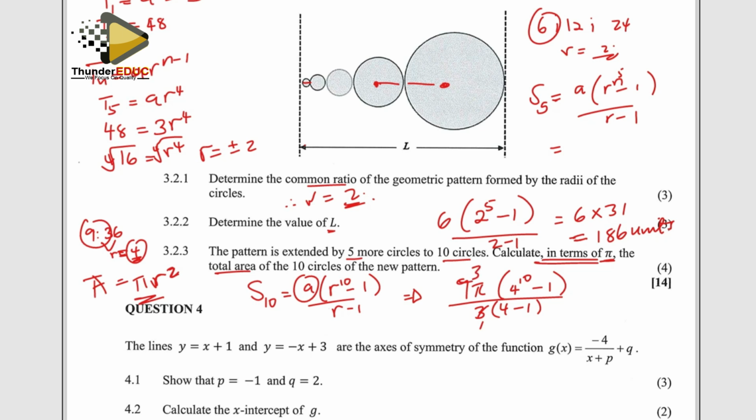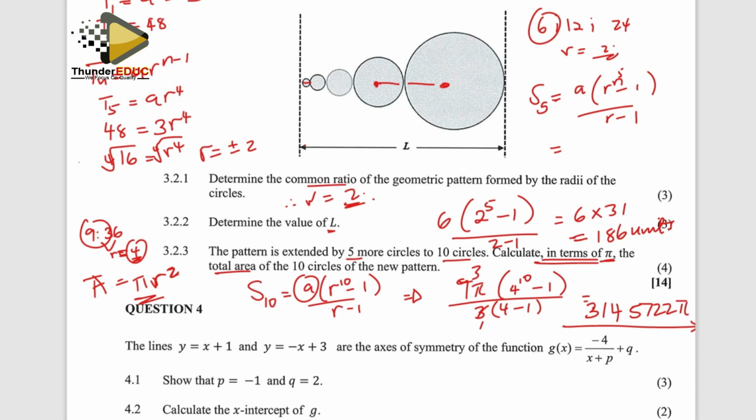I'll have a 3 there. And then 3 multiplied by that whole thing, I'm getting 3,145,722. And then there's a pi, so my answer must have a pi in it.